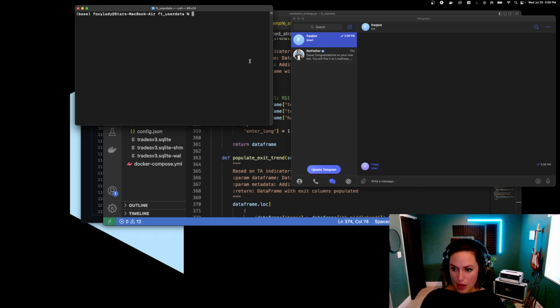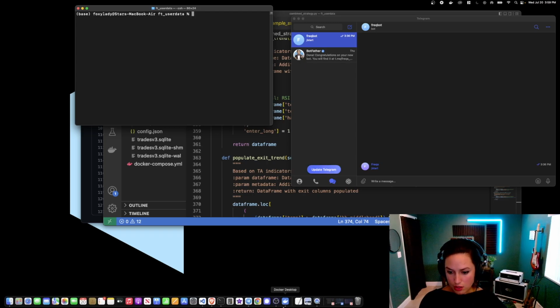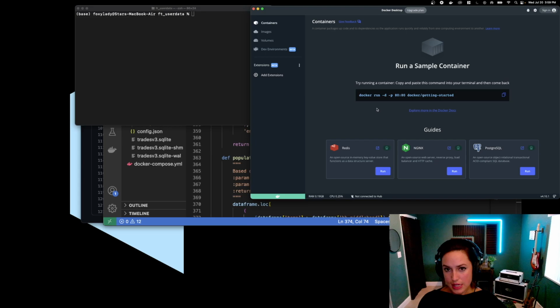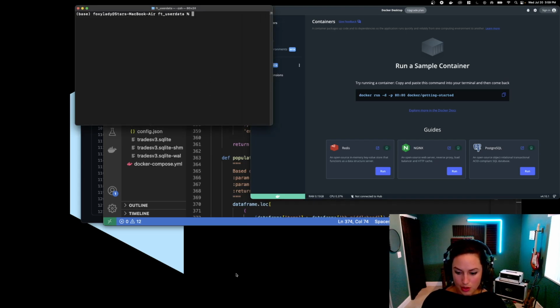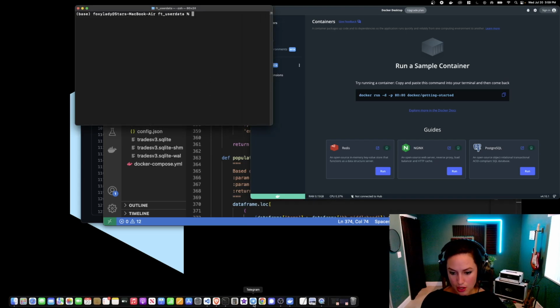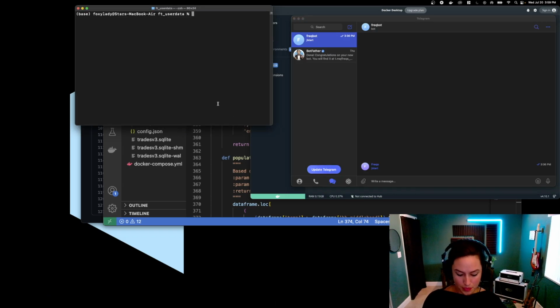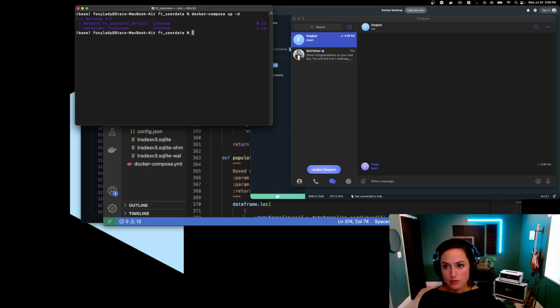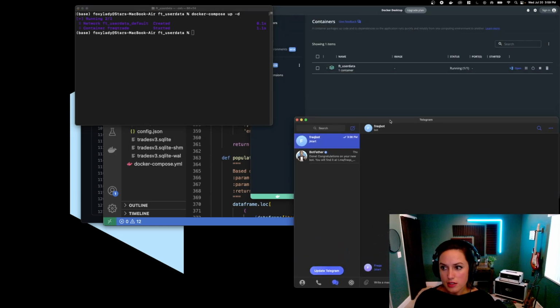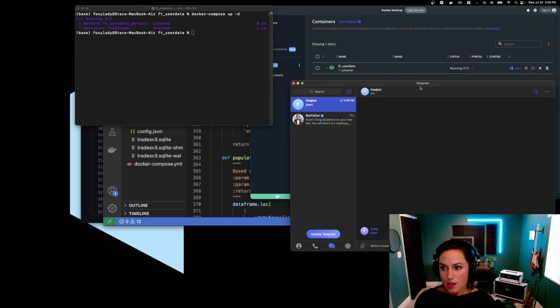So my bot, let me check out the Docker desktop. My bot is down, so I want to bring it up. Let me bring Telegram to the front here. docker-compose up -d. Okay, and in Docker desktop, the container is up and running.